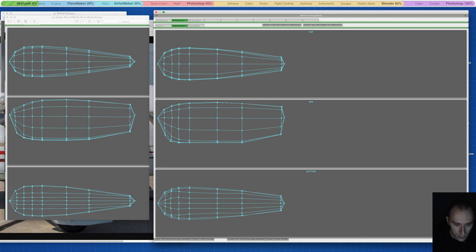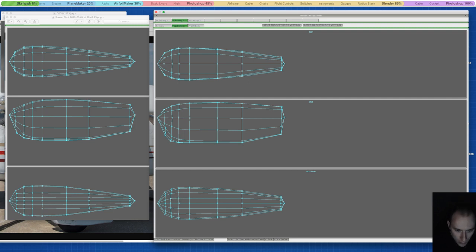Good, good, good, good. This is just the flat surface, so this shouldn't be too hard. There's a little bit of a tangle. Yeah. Good.